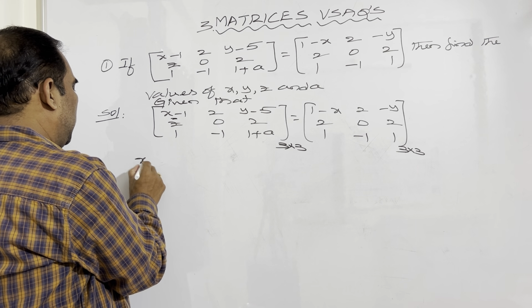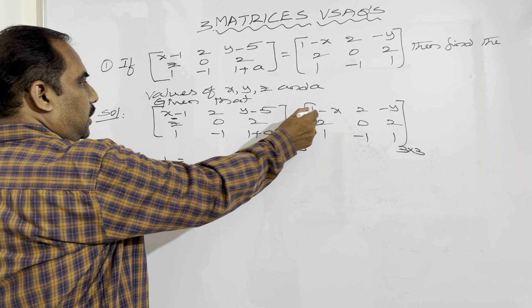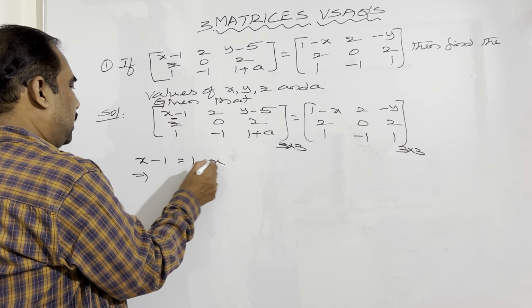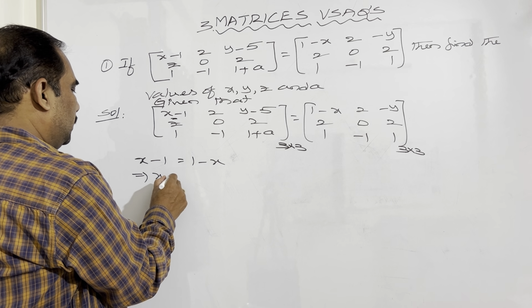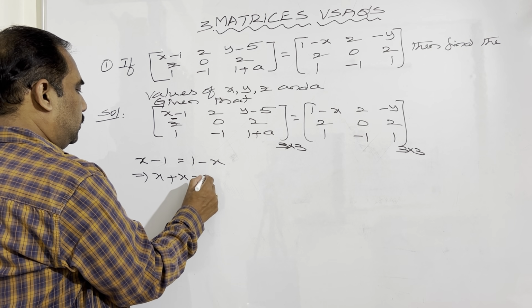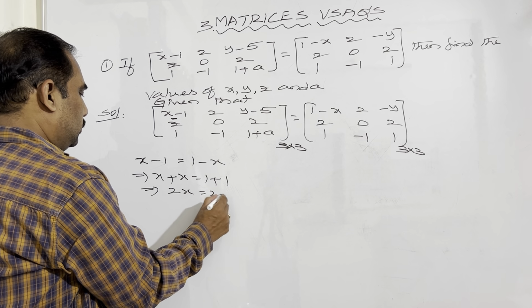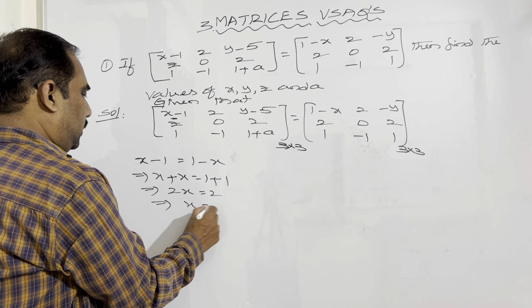So x minus 1 is equal to the corresponding element 1 minus x. From this we can find the value of x. x plus x is equal to 1 plus 1, so 2x is equal to 2, so x is equal to 1.